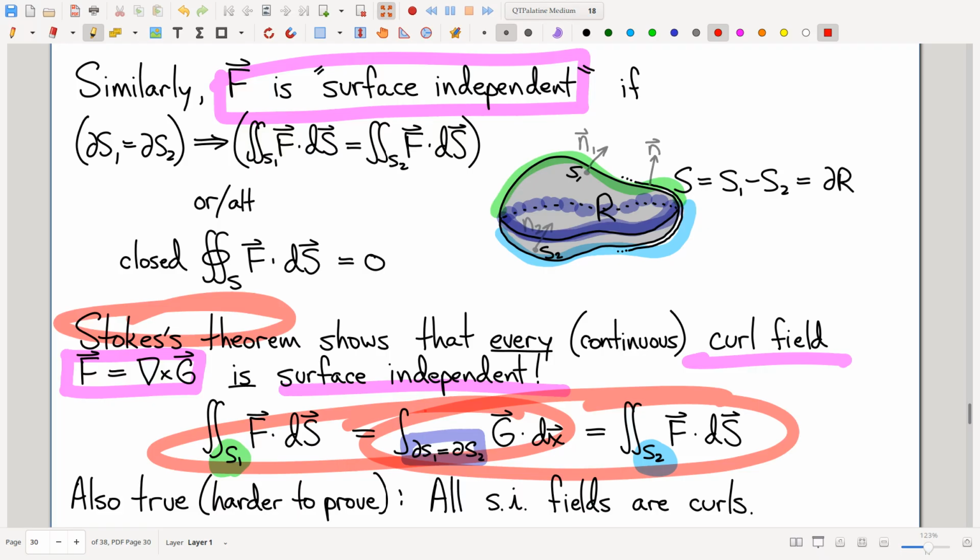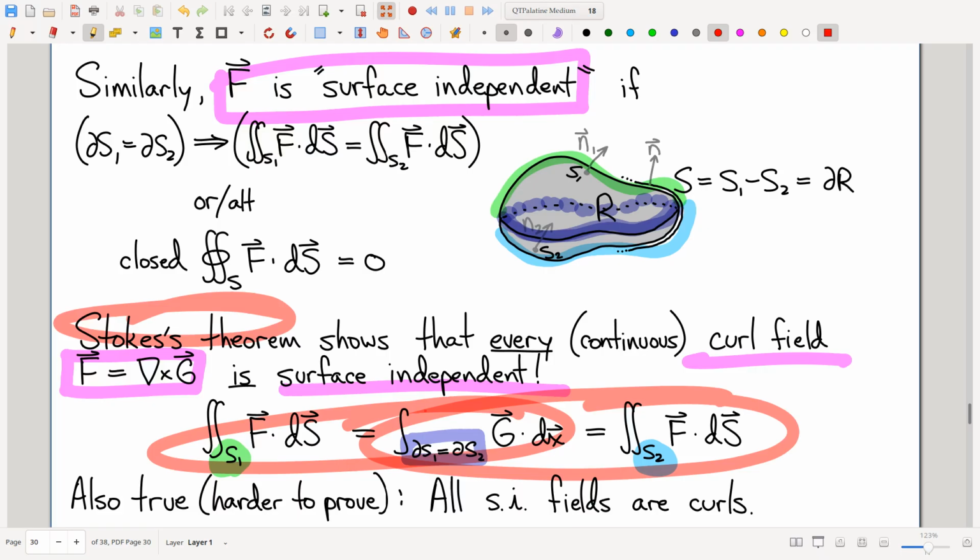And so you're going to get the same answer for both the green and the blue, and thus surface independence. So again, lovely little argument. It's a good one to think through and digest. And so every curl is surface independent.